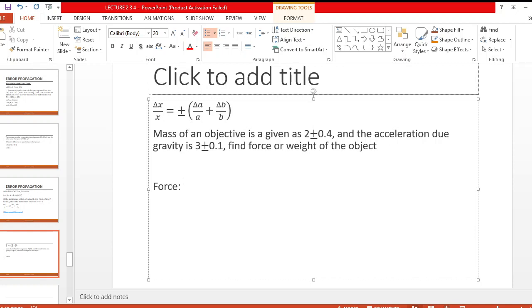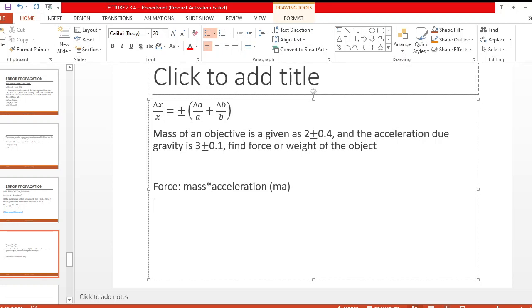So force is a product of mass times acceleration, which is just force equals m times a. So this is the formula which we have in terms of force.